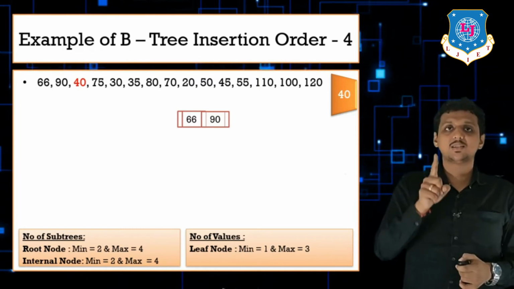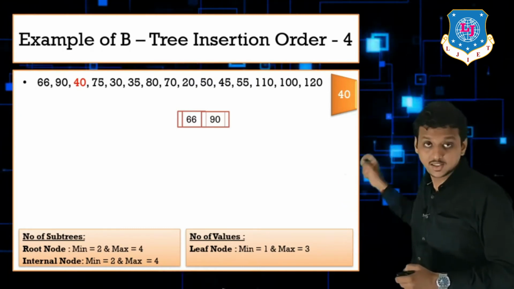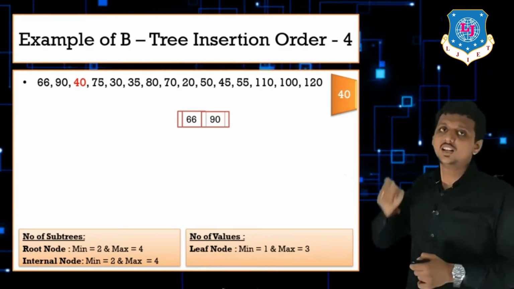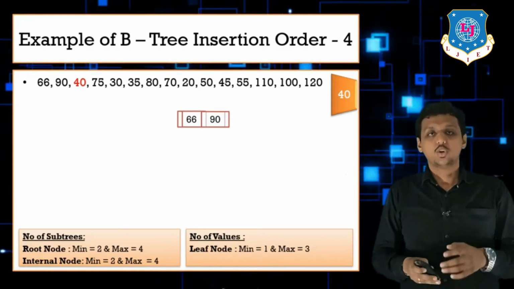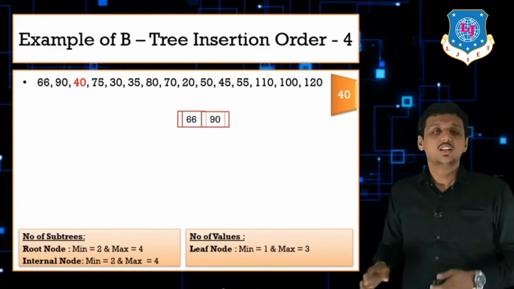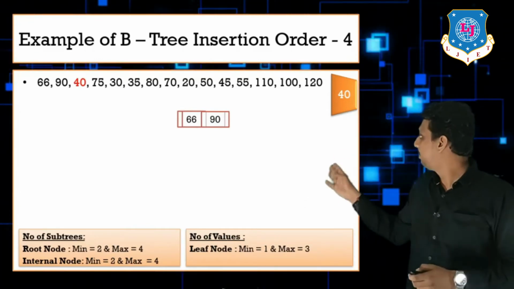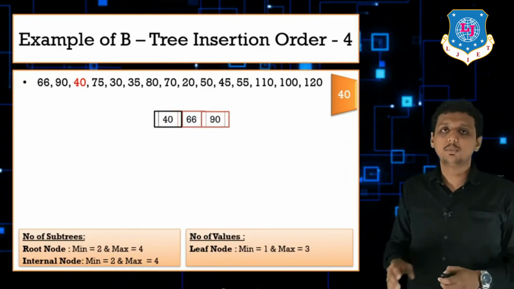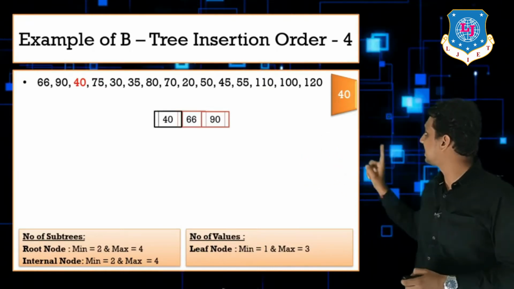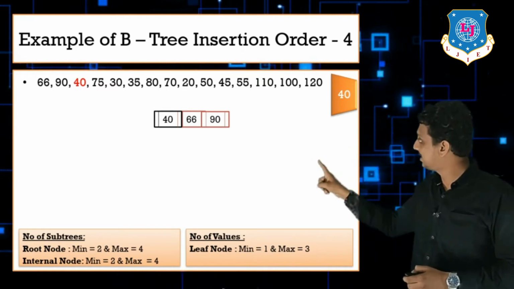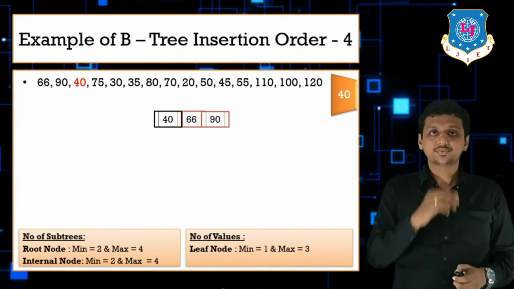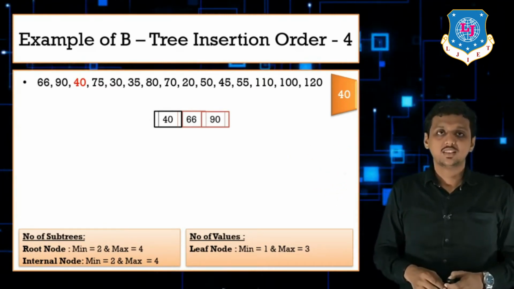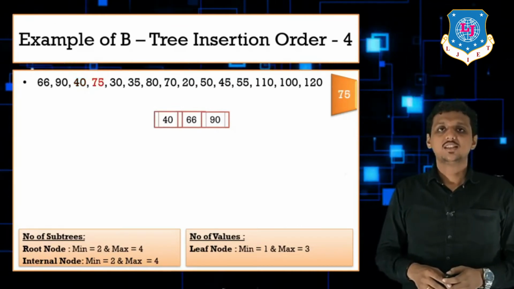Case number one, if there is a space, then you can insert the data according to the ascending order. Okay, so this is case number 1. We can directly insert 40 before 66. The whole node becomes 40, 66, 90.